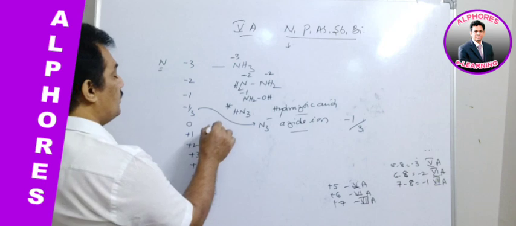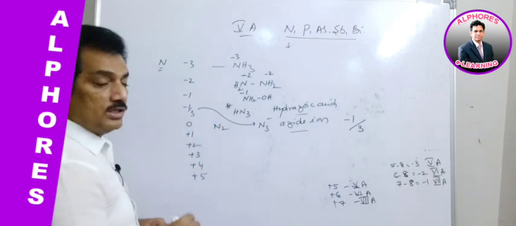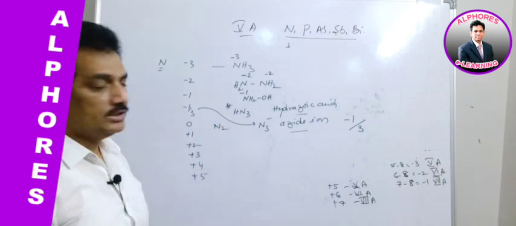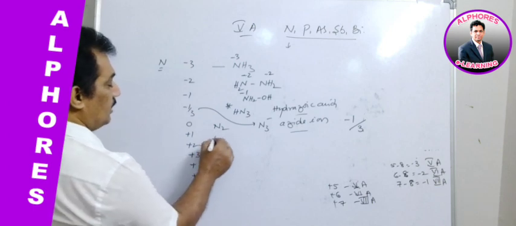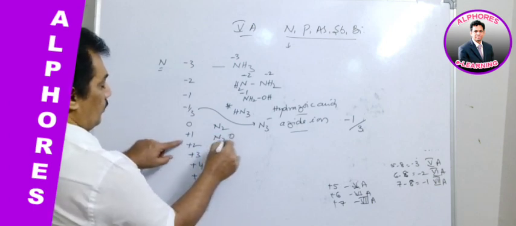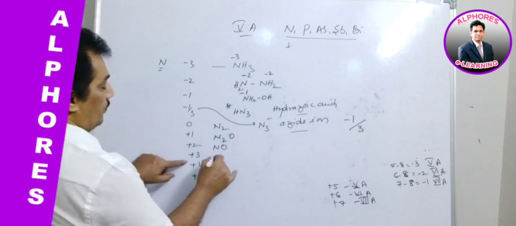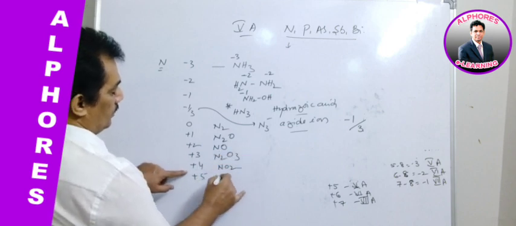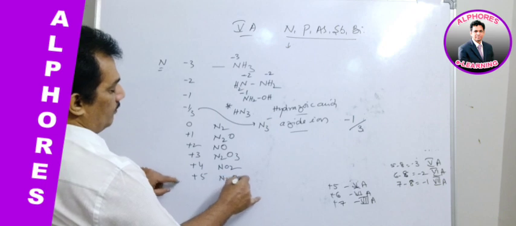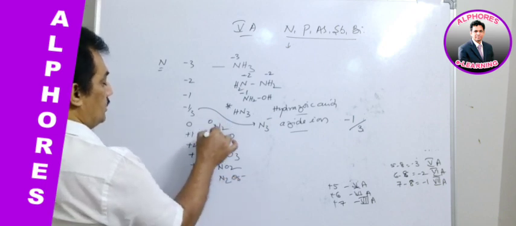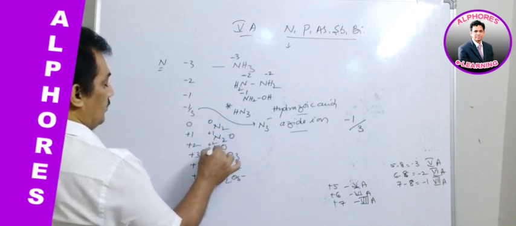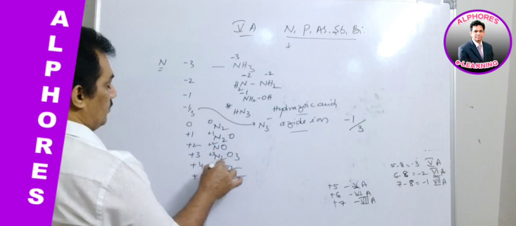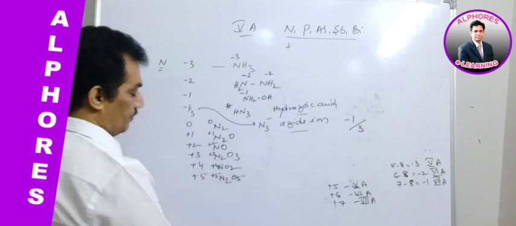And 0, as we know, elemental state N2 is having 0 oxidation state, and thereafter it is nothing but from oxides N2O, NO, N2O3, NO2, N2O5. In all these, it is +1, +2, +3, +4 and +5.